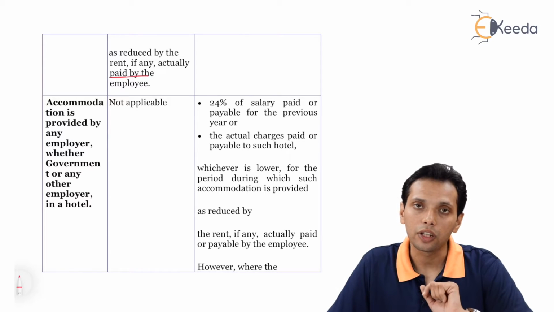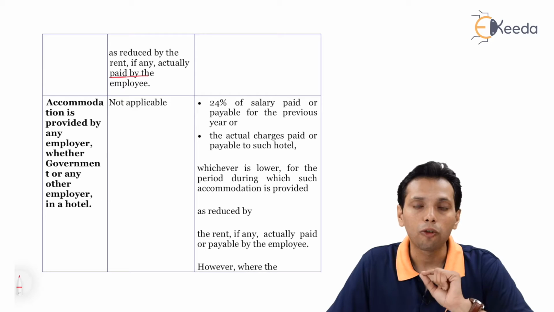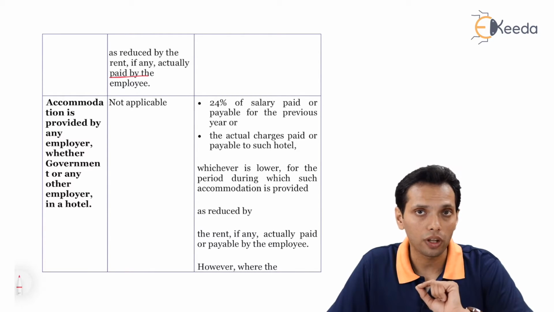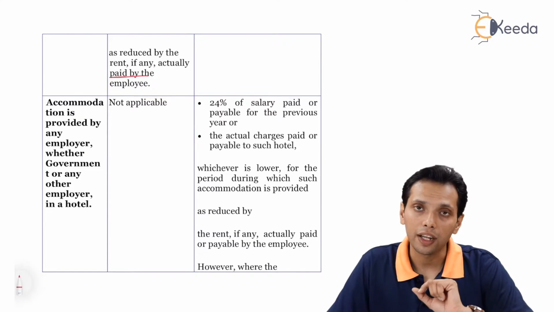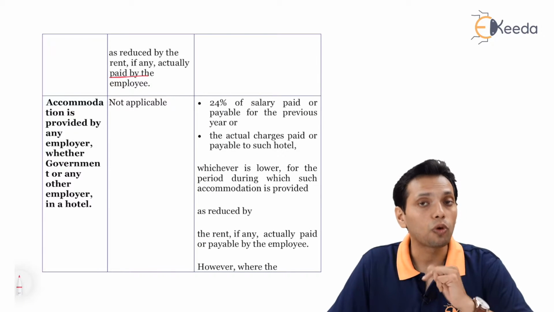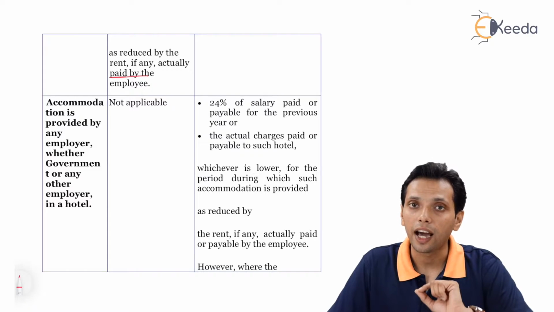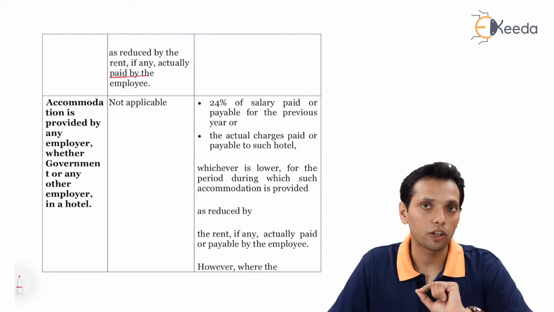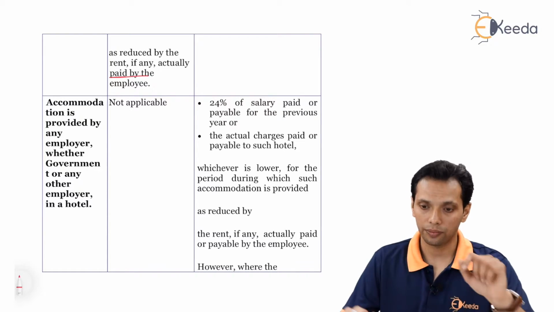So if a person is transferred from one place to another for the purpose of employment, and his stay in the hotel is 10 days, then there will be no perquisite value. Whereas if he is staying in the hotel for more than 15 days, for example 20 days, then the entire 20 days will be considered as hotel perquisite value in the hands of the employee.